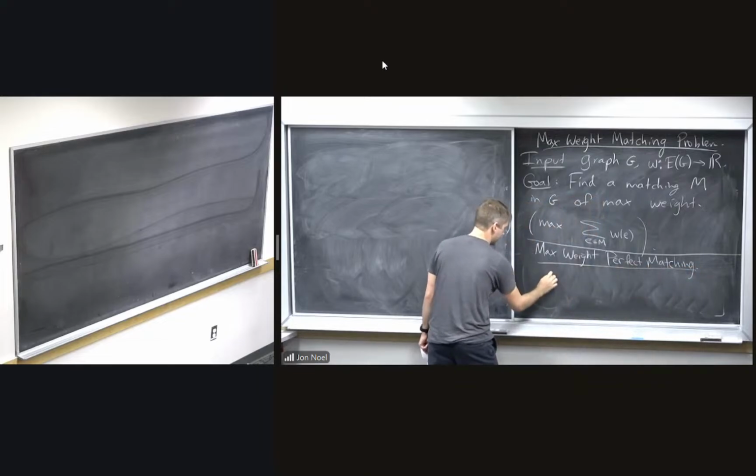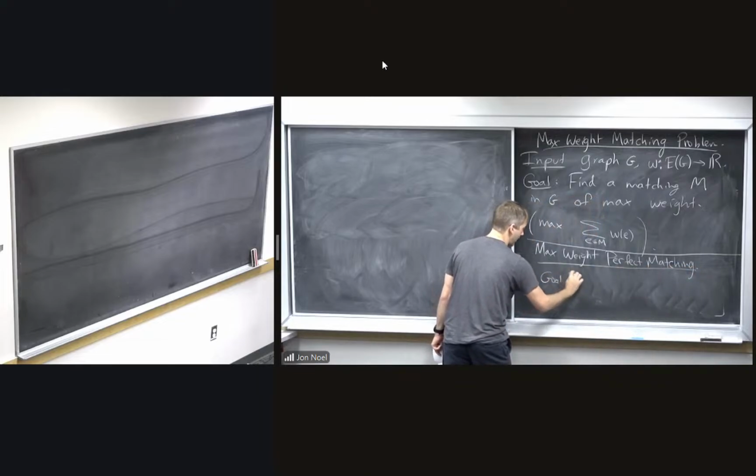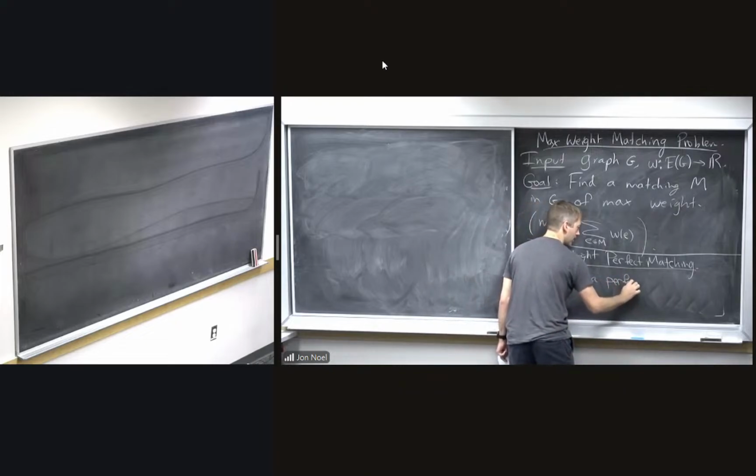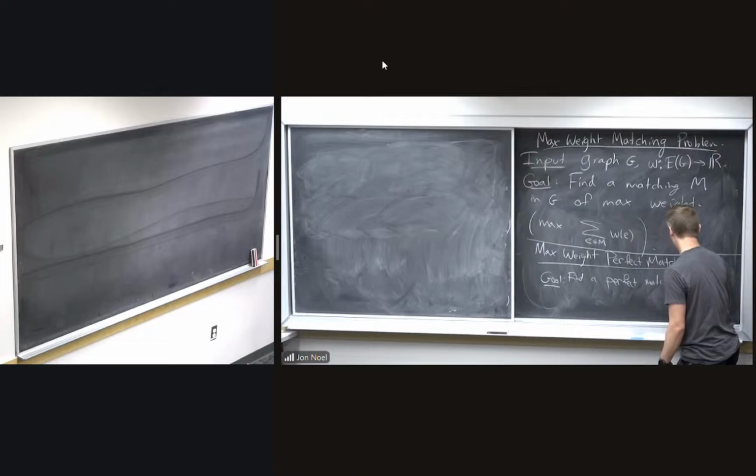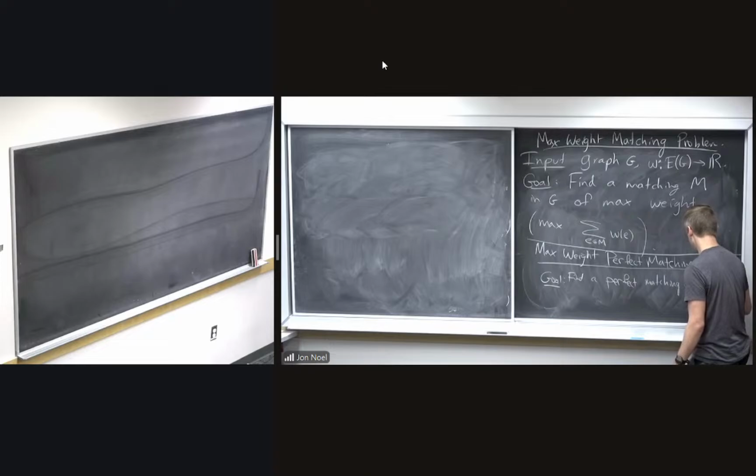So here the goal would be you find a perfect matching of maximum weight. Perfect matching just means every vertex gets saturated, so it hits every vertex. Very related problems, but they're not quite the same. But we're going to see that in some cases you can reduce one to the other.